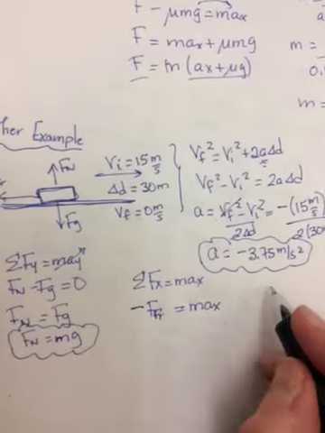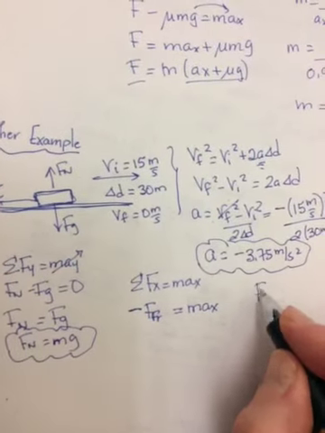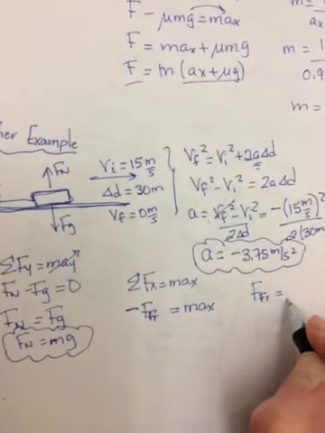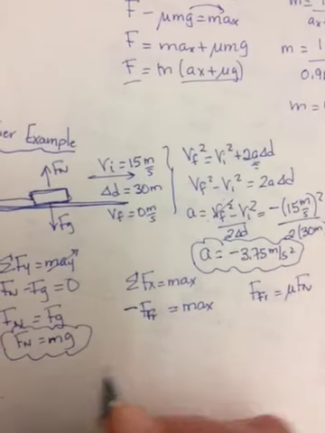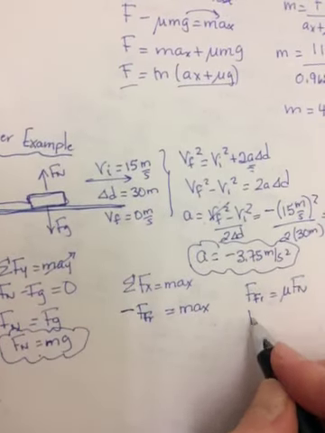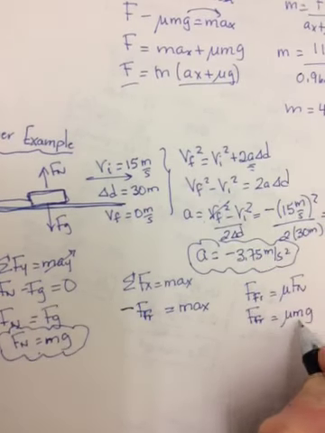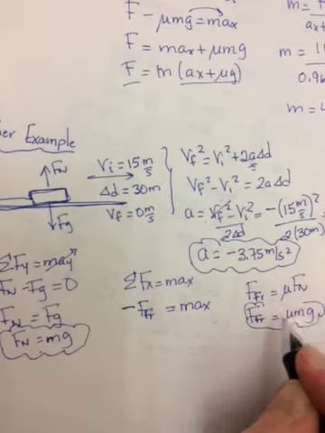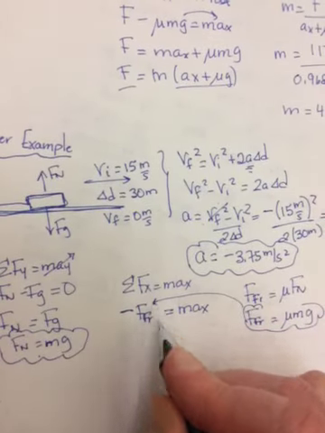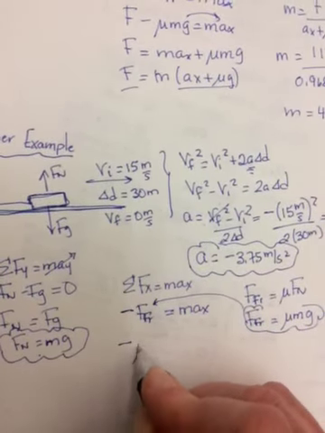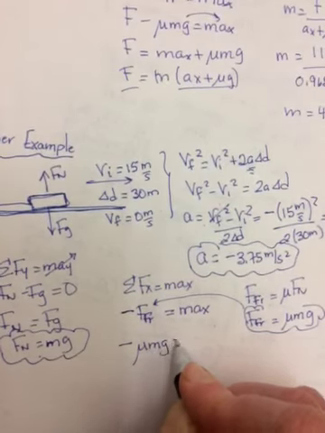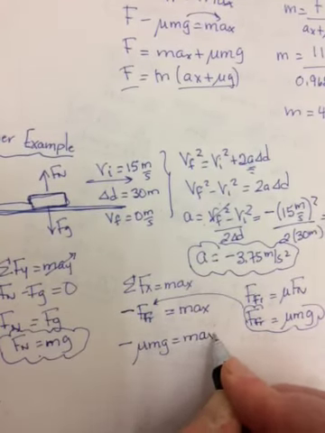I could go to my frictional force, Ffr, is equal to mu Fn, and we found Fn to be mg, so friction then is equal to mu mg. And now I can plug it in where friction is. So negative mu mg is equal to max.